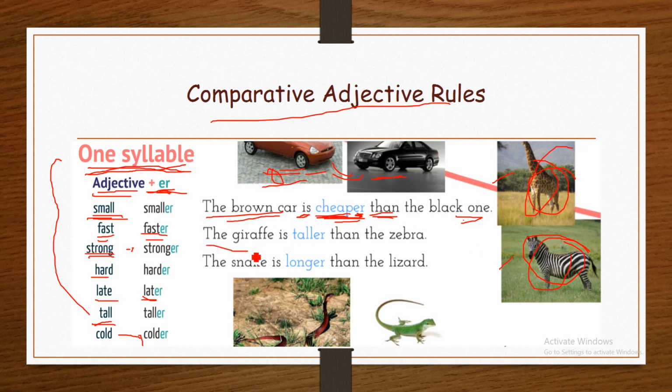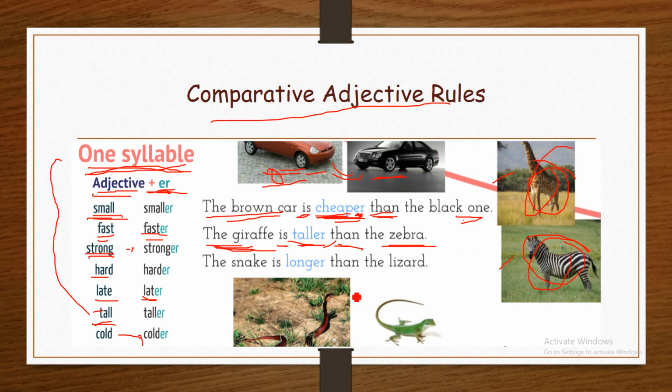The first object, the first noun, verb to be, comparative adjective. Tall is one syllable, we just add er to it. Than, we said we always use than after comparative adjective. The zebra, the second noun.